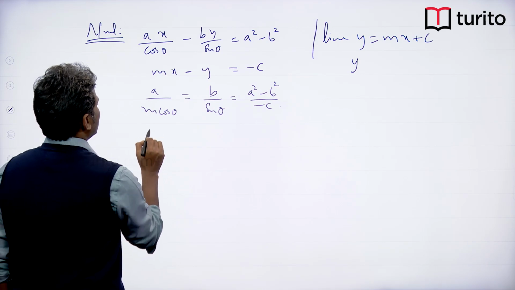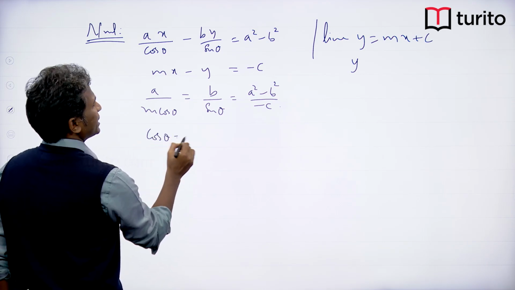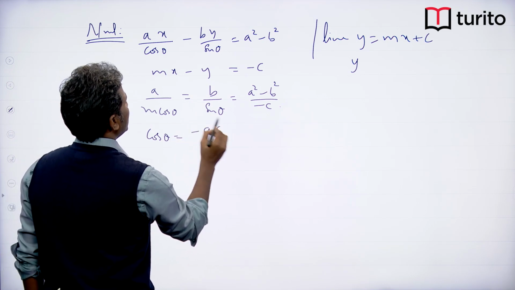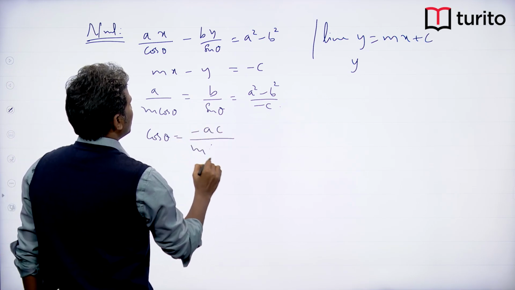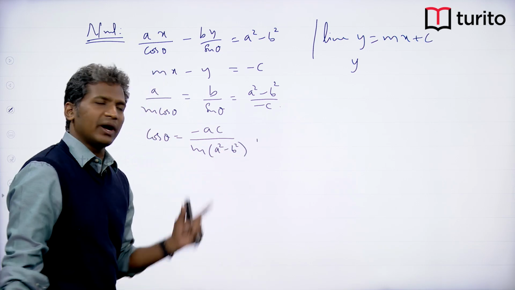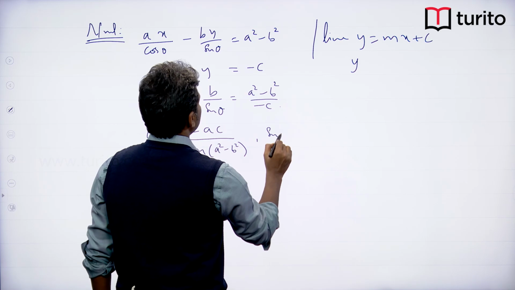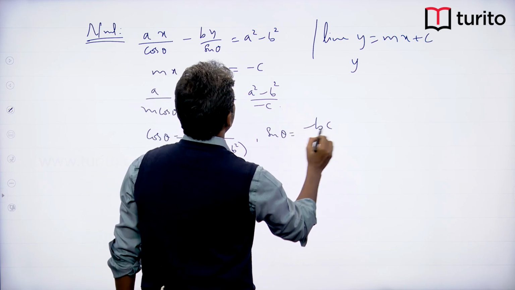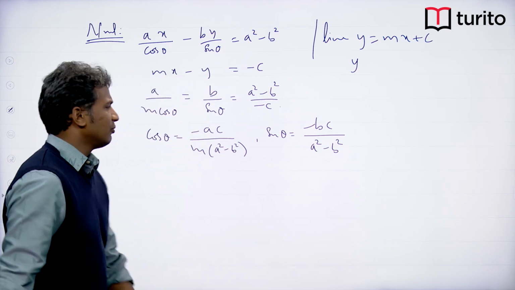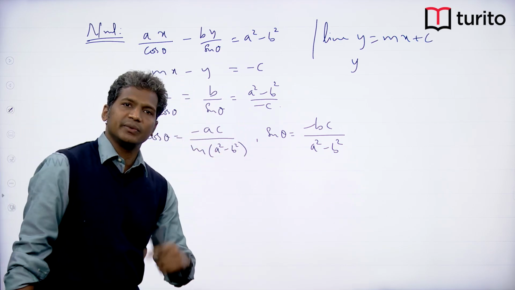How do we get that? If I solve for cos theta here, I get minus ac by m into a square minus b square. Similarly, sin theta can be written as minus bc by a square minus b square. Now we know that cos square plus sin square must be 1.